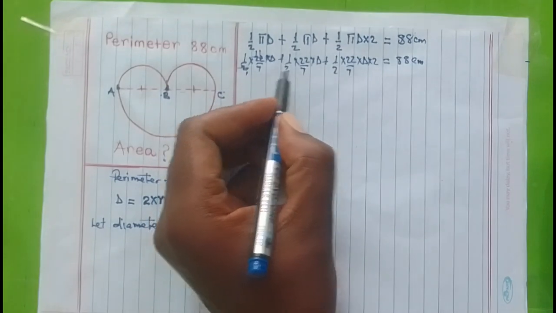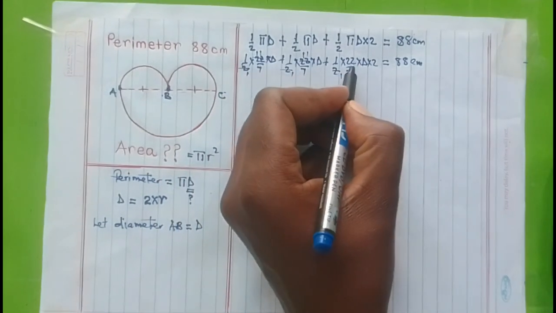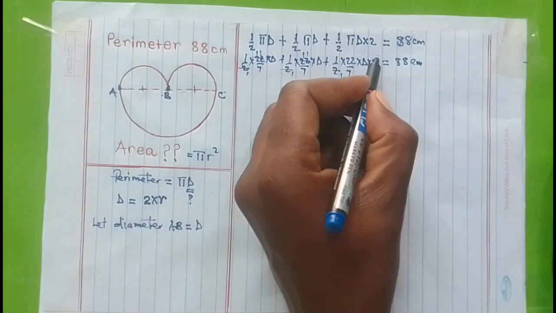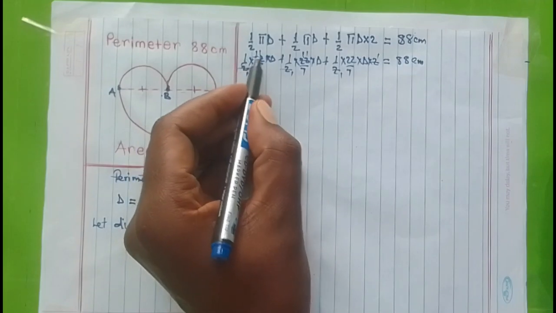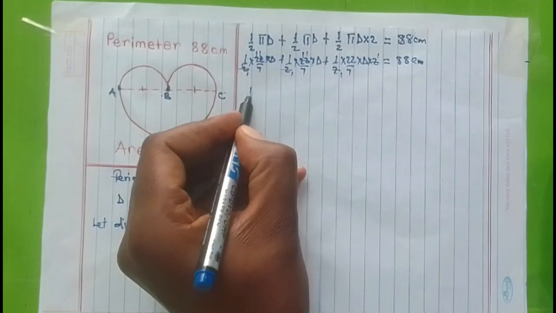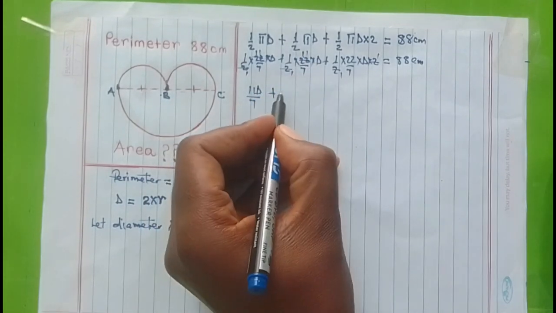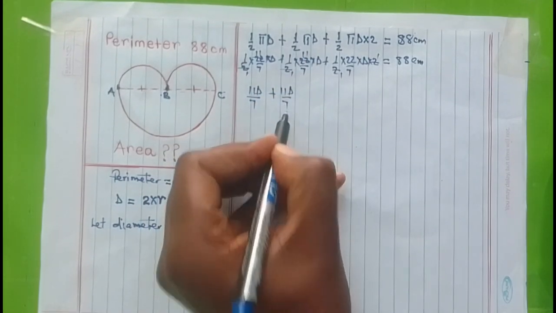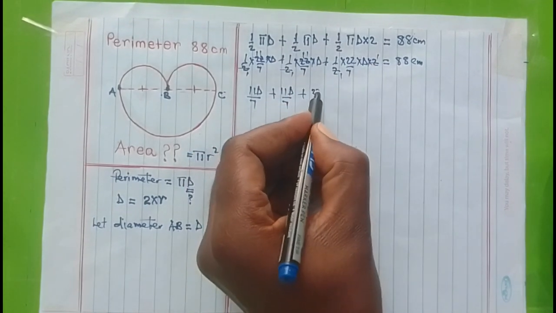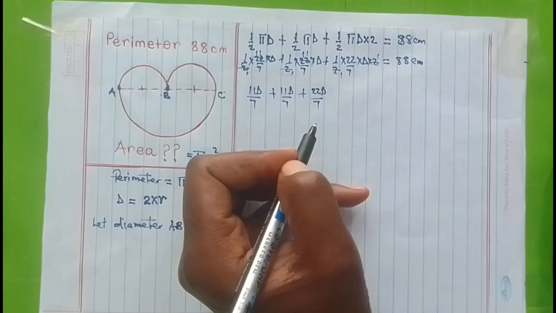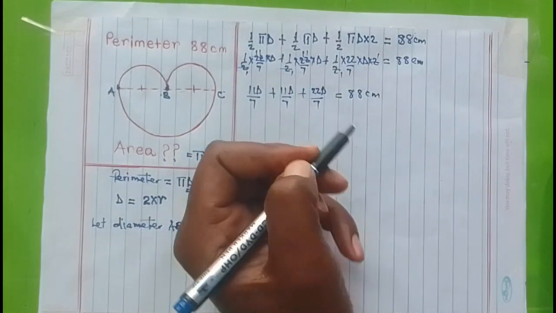Here is 11 by 2, 1 by 2, 11 by 2, 1 by 2, 1. So what are we remaining with here? 1 times 11 times d is 11d out of 7 plus 11d out of 7 plus, here we have 22d out of 7 should give us 88 centimeters.